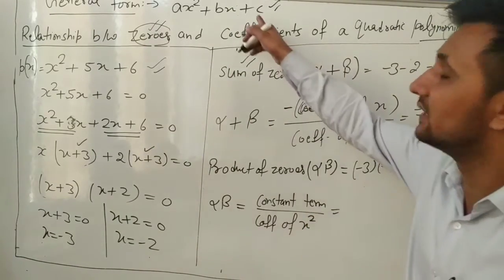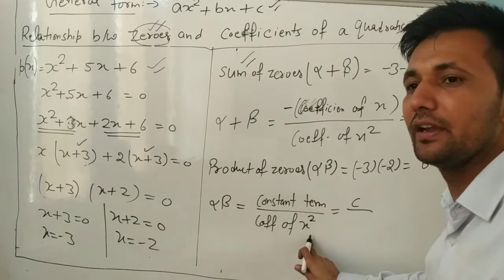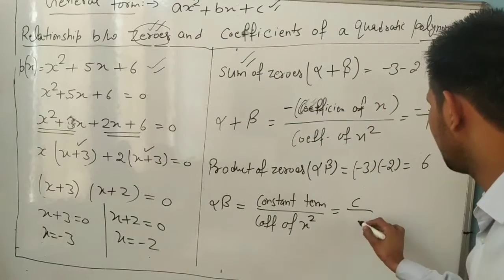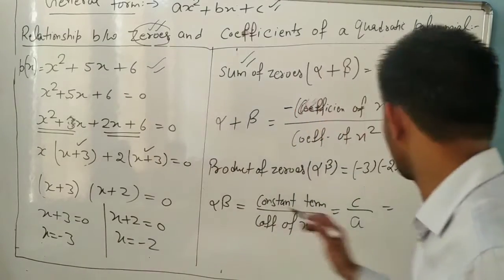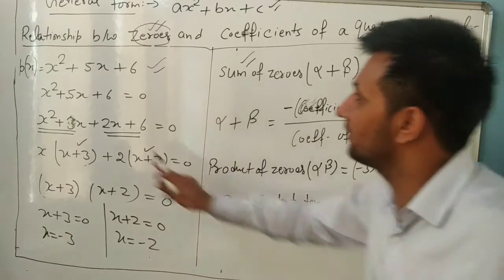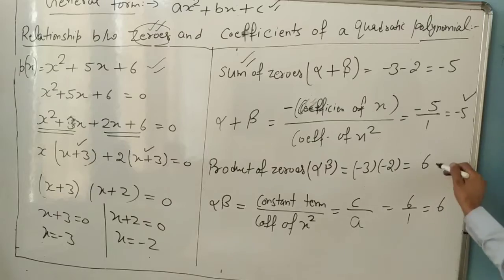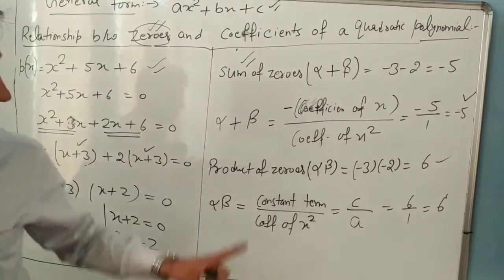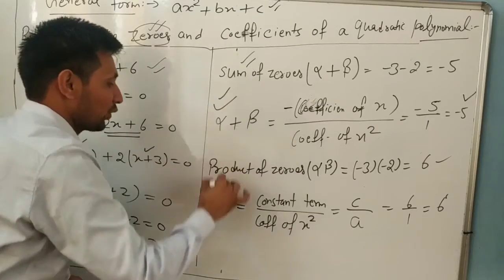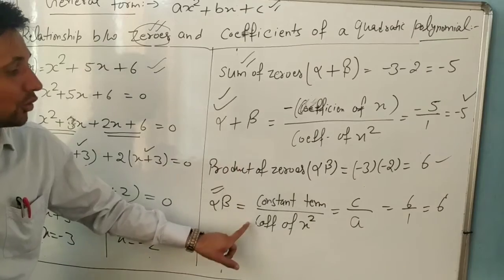Constant term means c, divided by coefficient of x square, a. Now tell me, what is c here? 6. And what is a here? 1. 6 divided by 1 is 6. In both cases 6 comes. Understand or not? So it is a shortcut to find the product and sum of zeros.